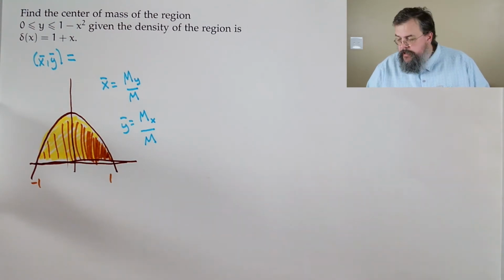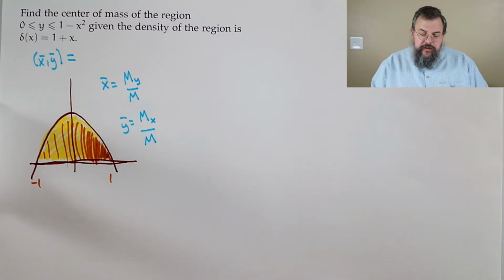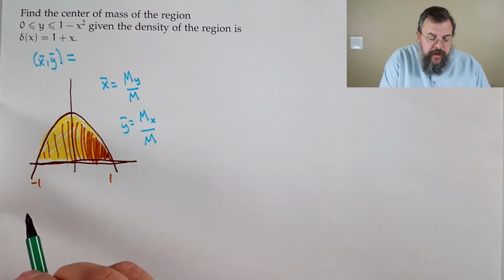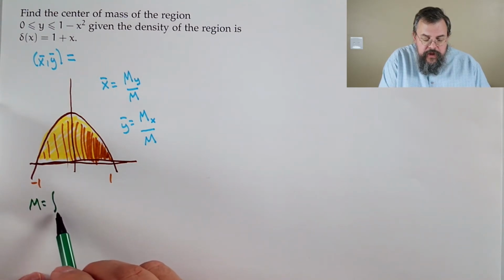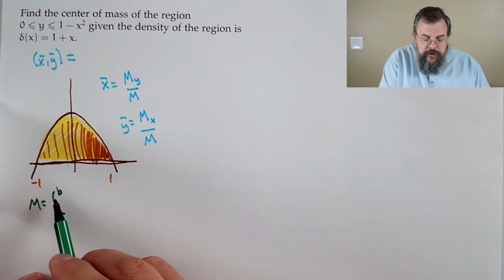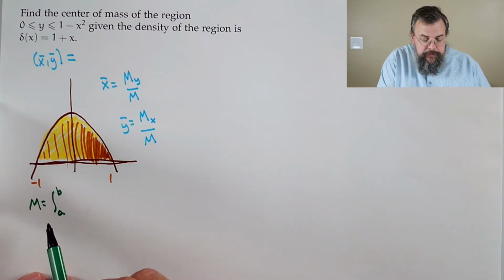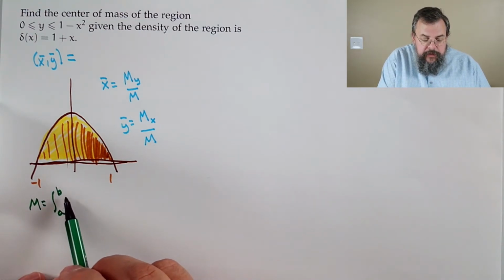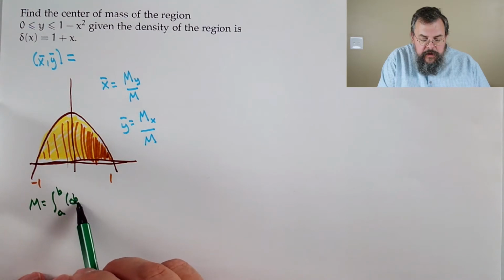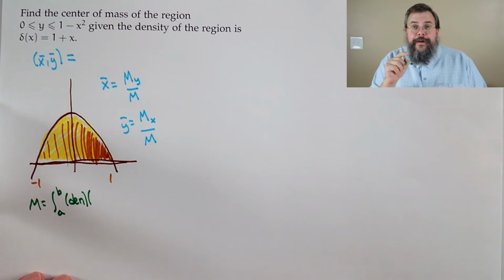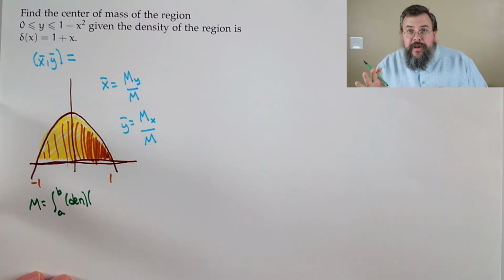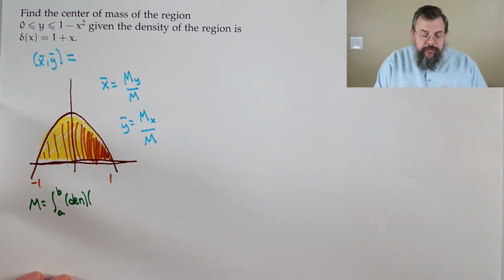Now, what to do? Well, let's start with the mass. That's probably a good place to start. For mass, you integrate, start to finish. Integration is a way to say add up. And then we have our density. Before we get too far, I want to be careful here. This is a little bit different than the rod because this is two-dimensional.